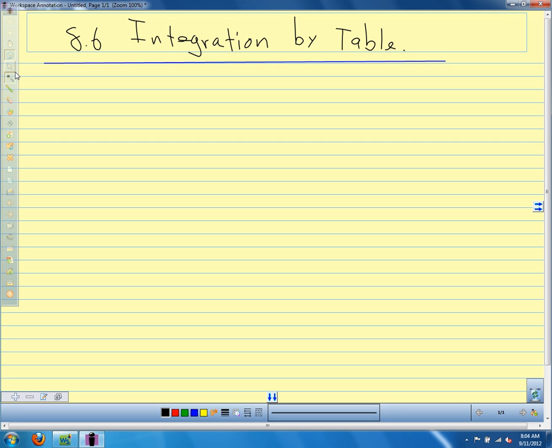So I'm just going to do one quick example of using the integration table. Let's say we have the integral of dx over x times the square root of x minus 1.